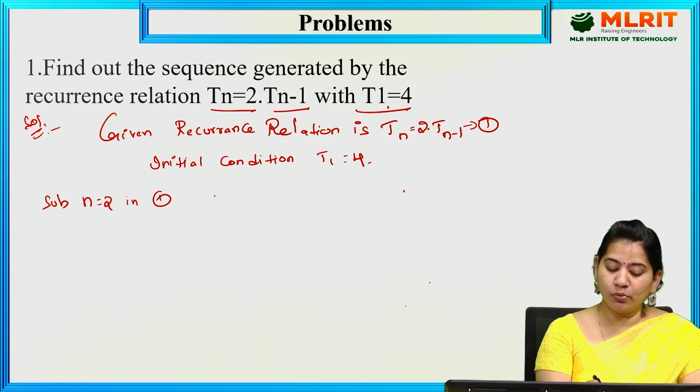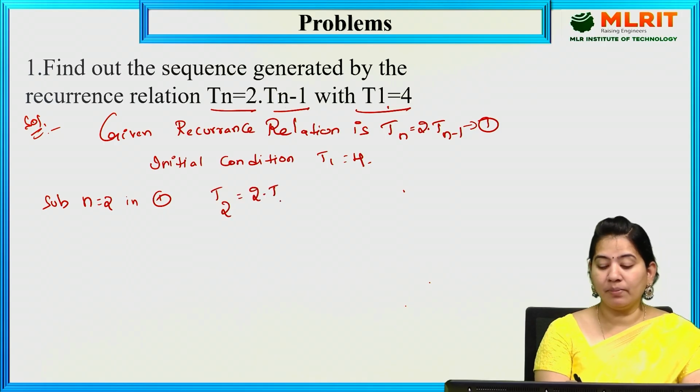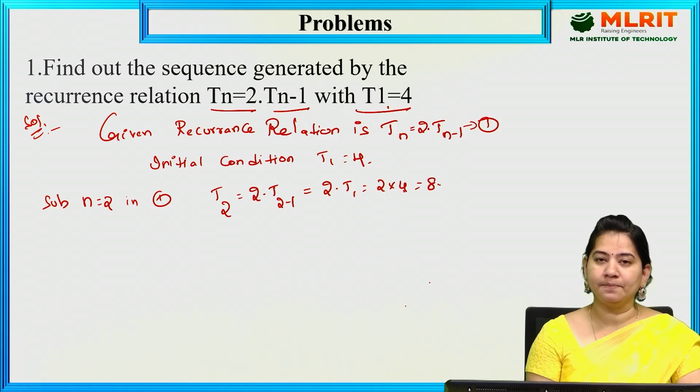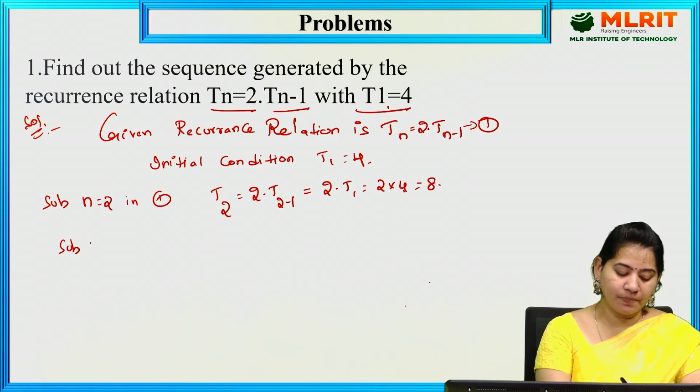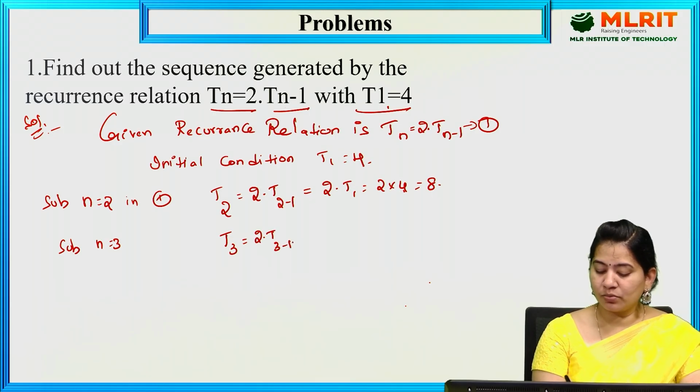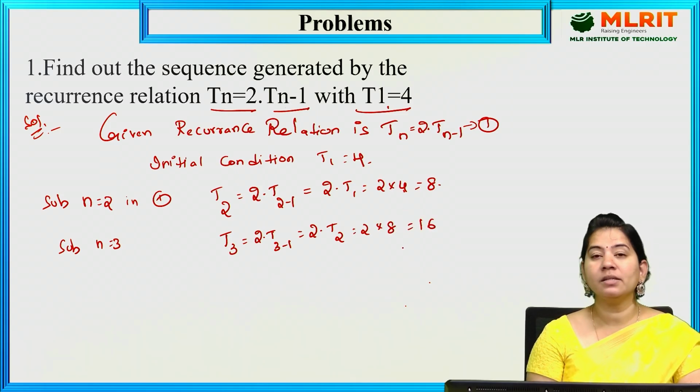T2 is equal to 2 into T(2-1), which is 2 into T1. 2 into 4 is 8. In the same way, substitute n is equal to 3. The equation does not change, always 2 only. T3 is equal to 2 into T2, and 2 into 8 is 16.